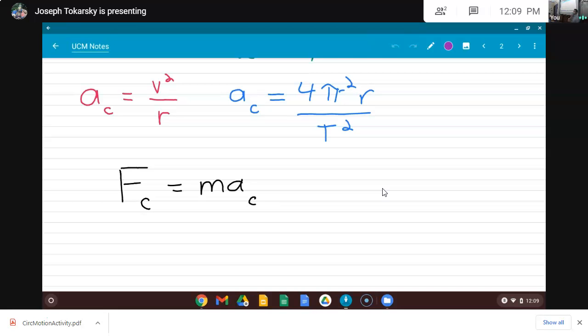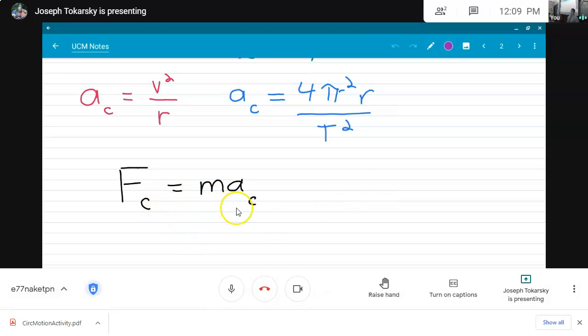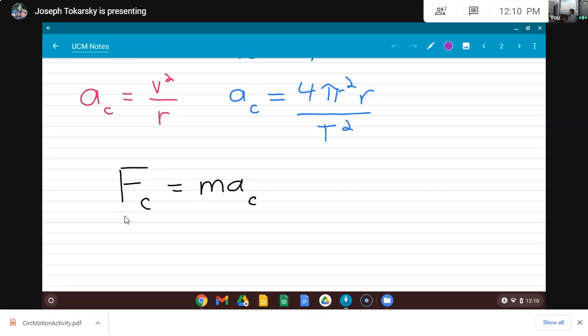Now, for centripetal circular motion, we say the centripetal force equals mass times the centripetal acceleration. Most of the time, the centripetal force, as far as the problems we do in here, is just a single force. I started yesterday like this, so I'll review that real quick too.